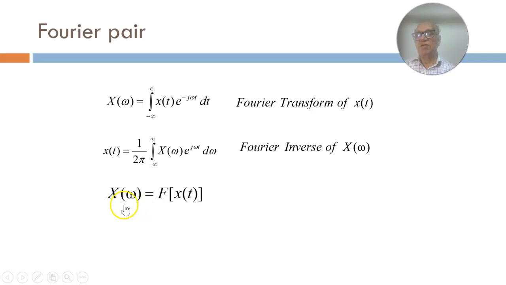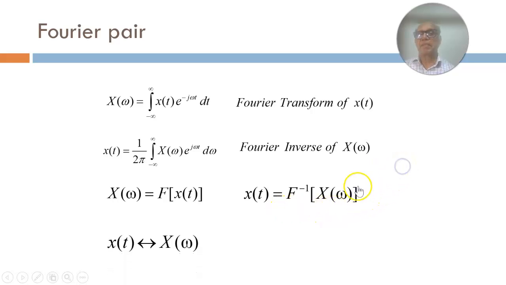In short, you write it like this: x omega is the Fourier transform of xt, and xt is the Fourier inverse of x omega. Or further, in short, you use this double-sided arrow. Note that this is not an equal sign. What it means is that x omega is a Fourier transform of xt, and xt is the Fourier inverse of x omega.